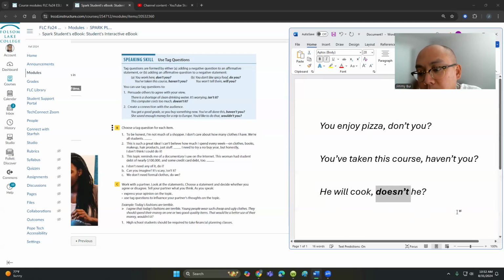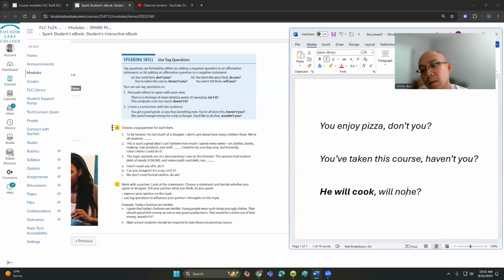A doesn't is going to be simple present. He will cook, future. So we want to make negative for future tense, will cook, will not cook, or won't, right? Again, very important that that's a contraction because will not he does not work. He will cook, will not he. I've never met a person that said that. Again, listening and speaking class, won't he would be the correct form. He will cook, won't he?